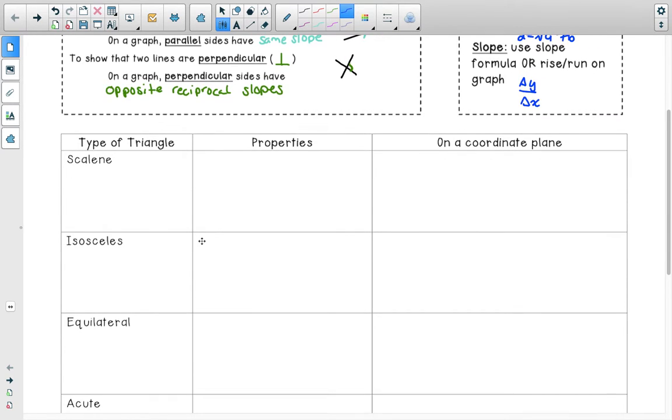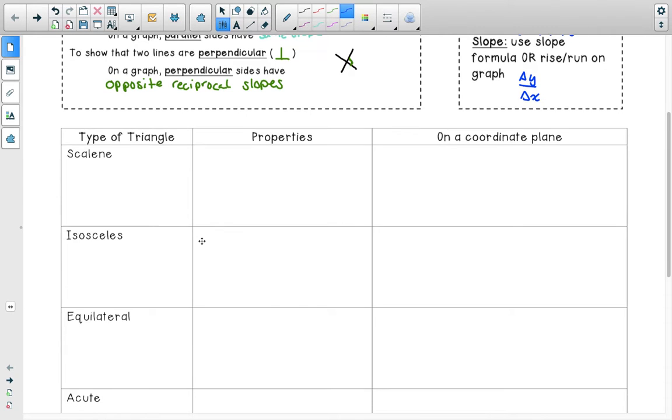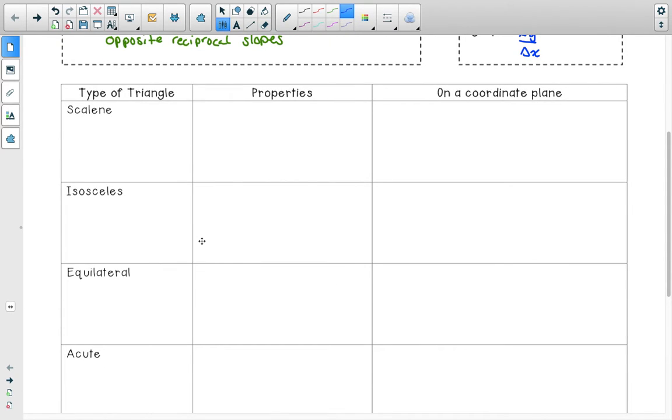So triangles, we have multiple types of triangles. We have a scalene triangle. The property of that is that there are no congruent sides. All the sides are different in distance.